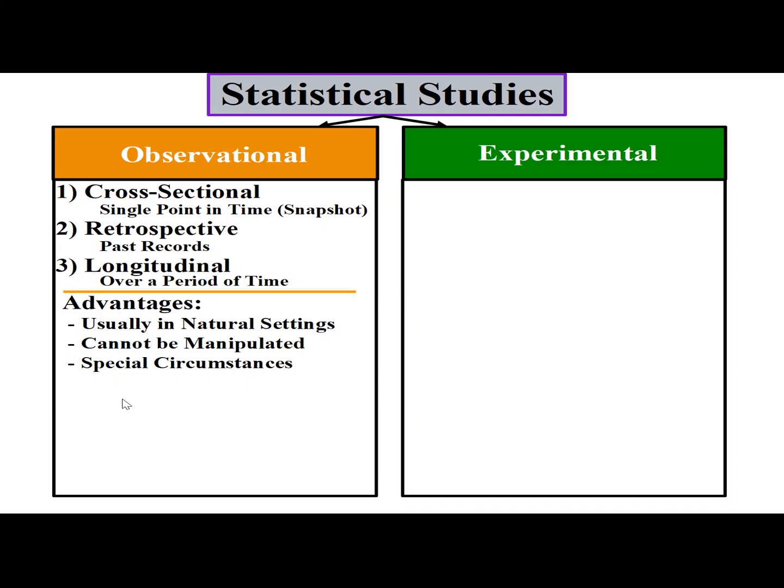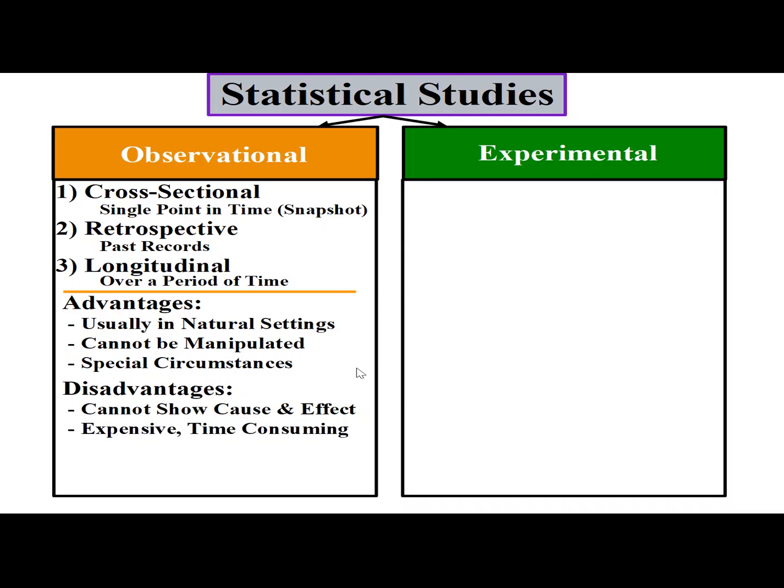Now, what are disadvantages? Disadvantages in regards to the observational studies is that you cannot show cause and effect. You can only record facts from what you see or from what you get. The other disadvantage is that it's expensive and time consuming. And the last one, there's some inaccuracy in some studies because some of it depends on other people's data.